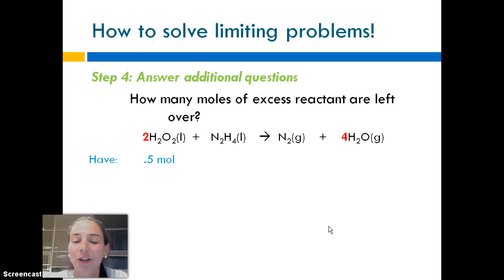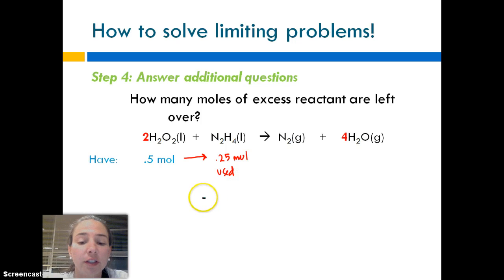Okay, we'll start again. Remember that when we figured out earlier, when we have 0.5 moles of the hydrogen peroxide, we are going to need 0.25 moles of our N2H4. So 0.25 moles gets used in the reaction.